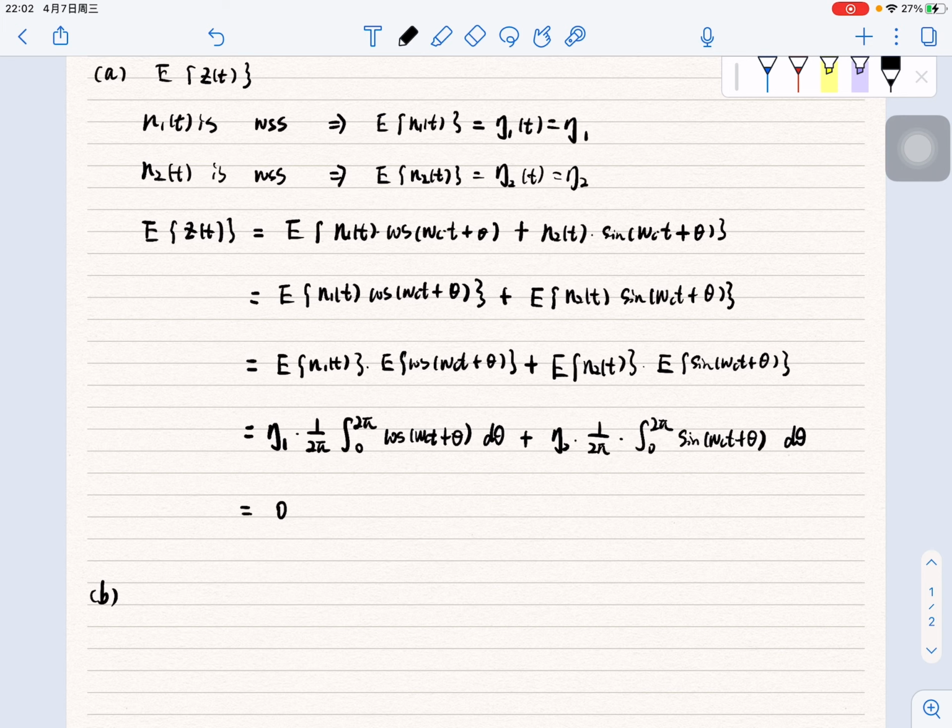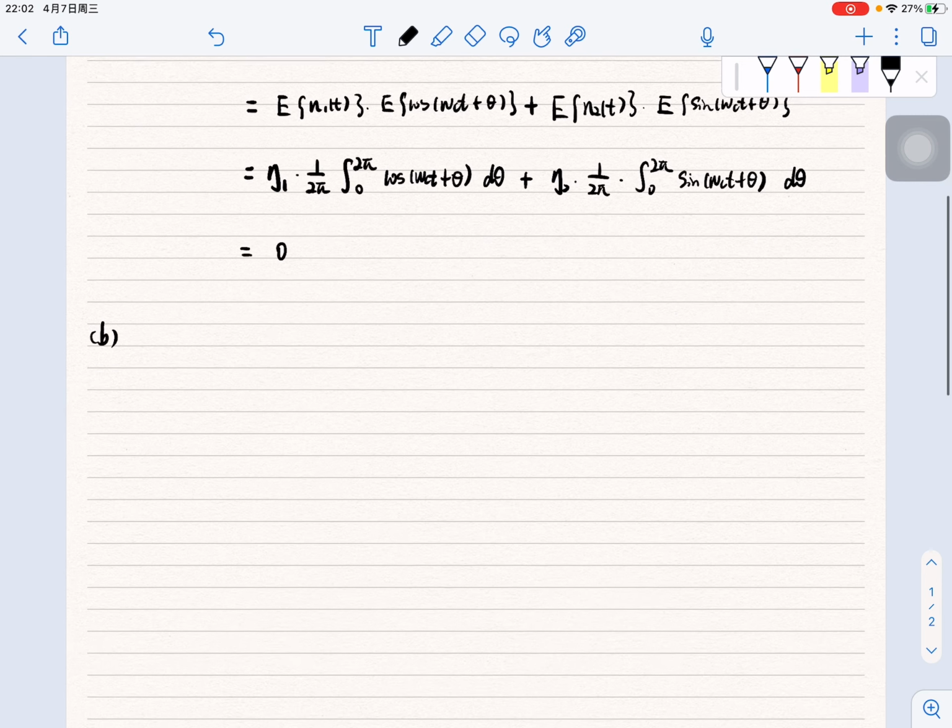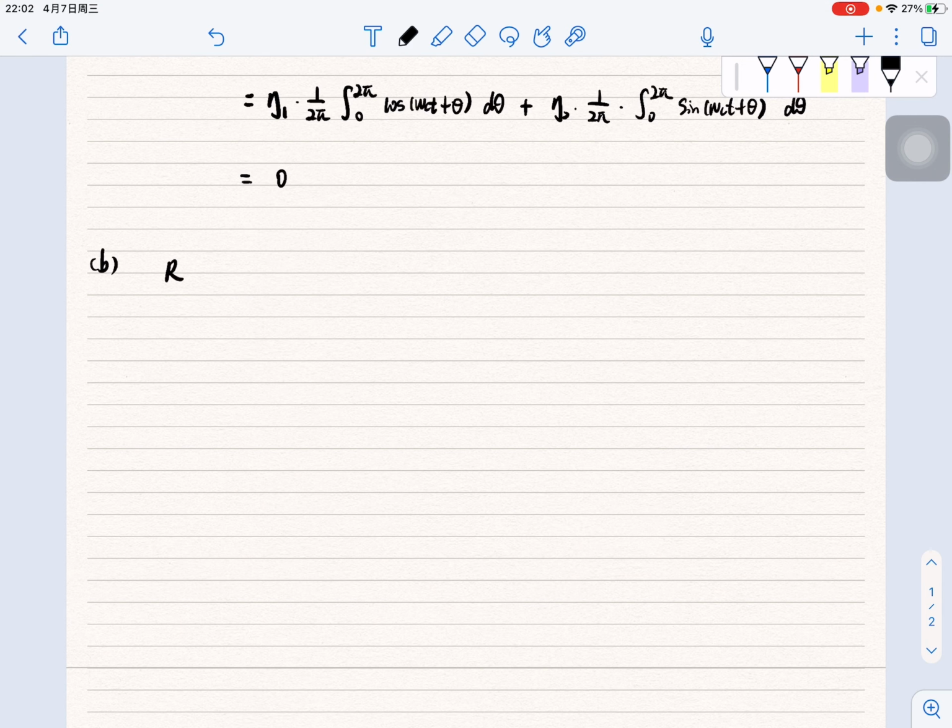Question B, we need to find Rz and determine whether z(t) is wide sense stationary. Firstly, we need to calculate Rz(t1, t2).